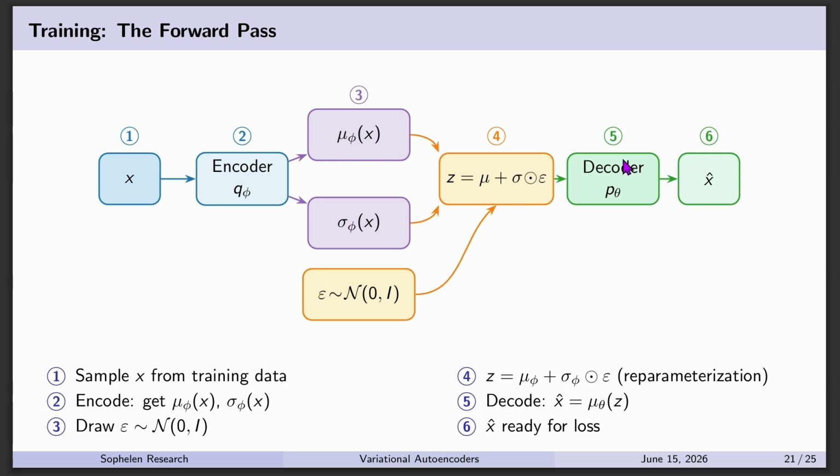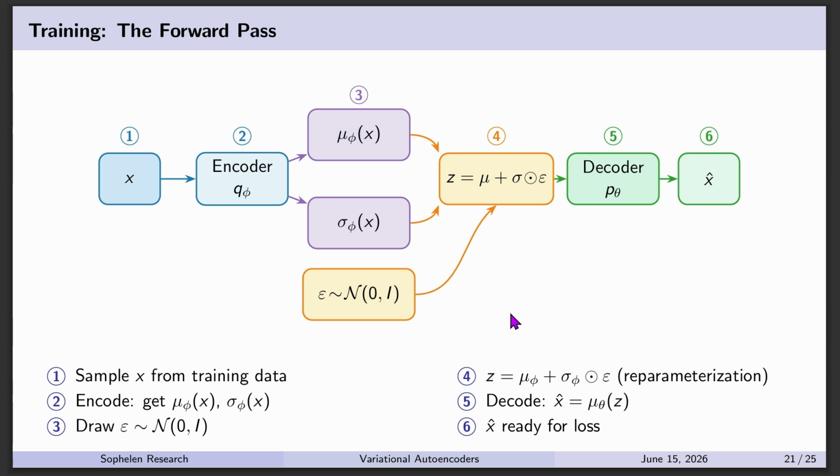And then the decoder goes backward. It takes the z and sends us back the data point. Then we want to know how close the original data point is compared to what we have here.